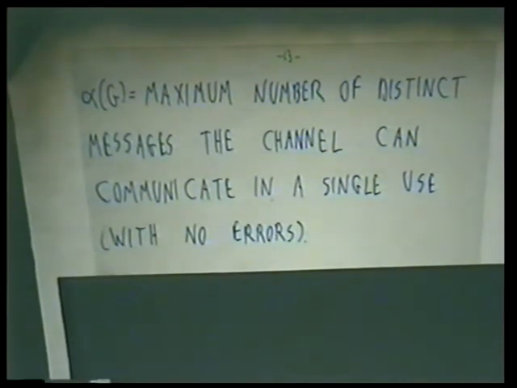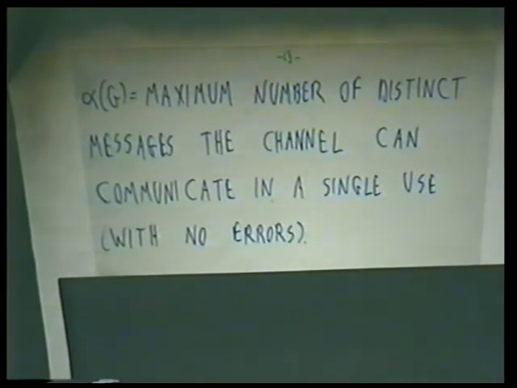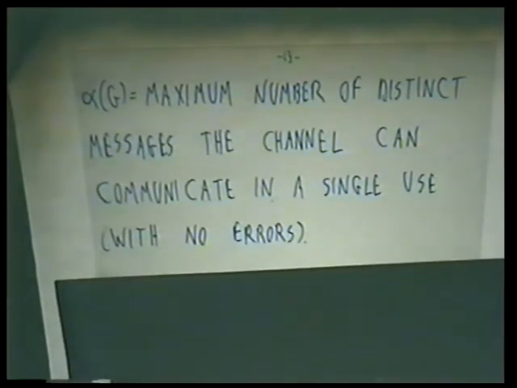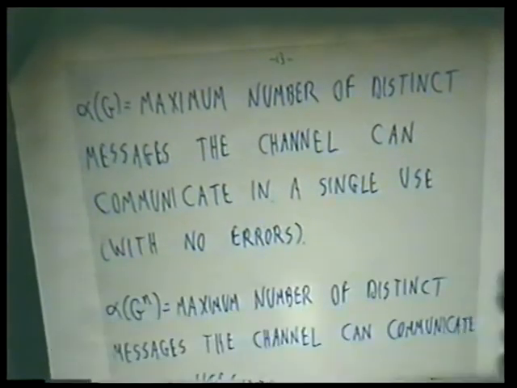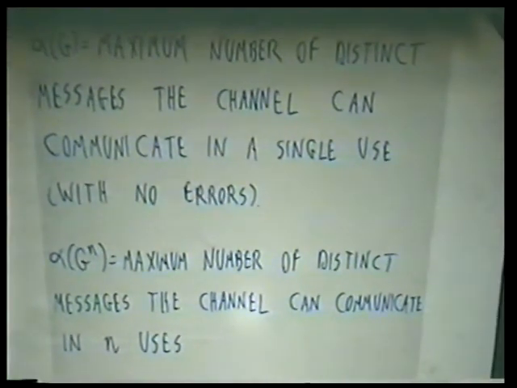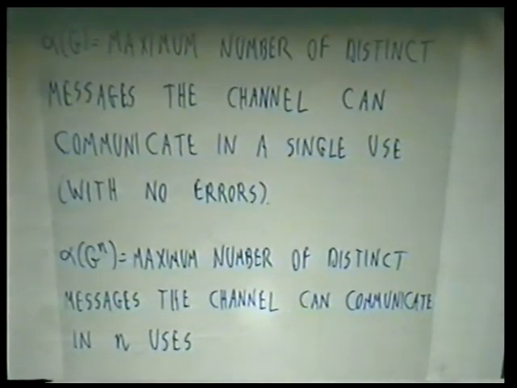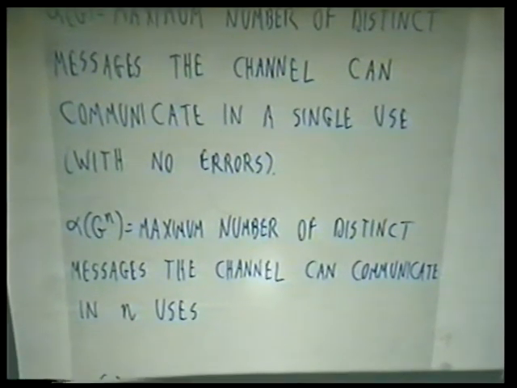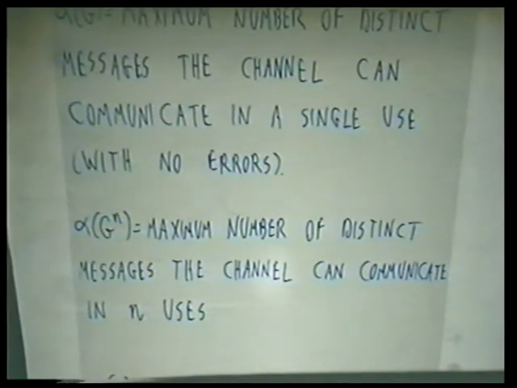Now, one of the main things in information theory is that when we use longer communication, then things become more efficient. And therefore, if we want to send longer messages, then again, from the definition, it follows that the independence number of G to the n is the maximum number of messages of length n that we can possibly send with no danger of confusion.